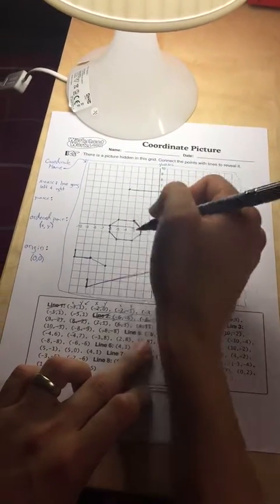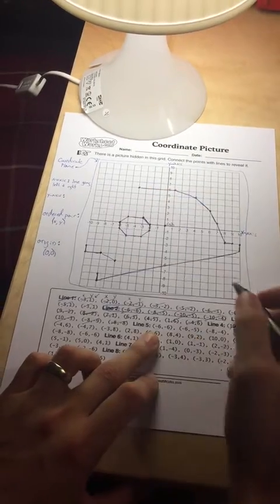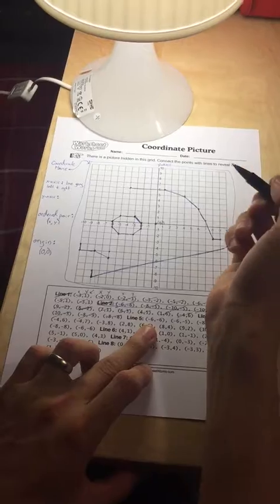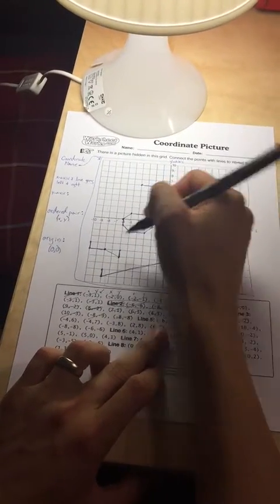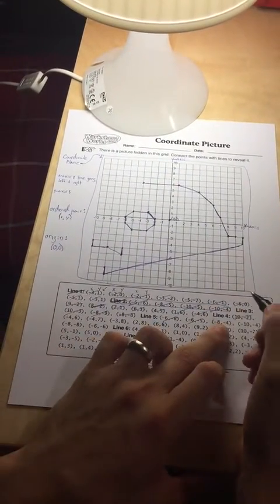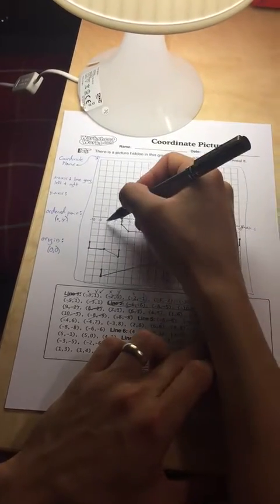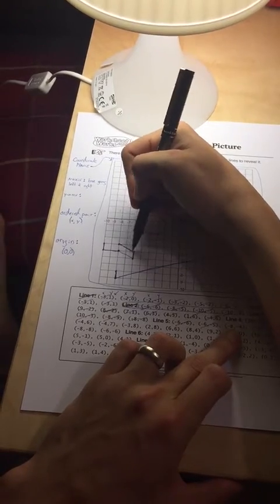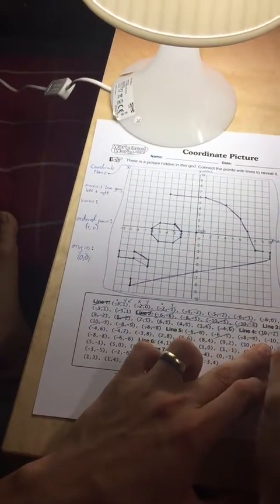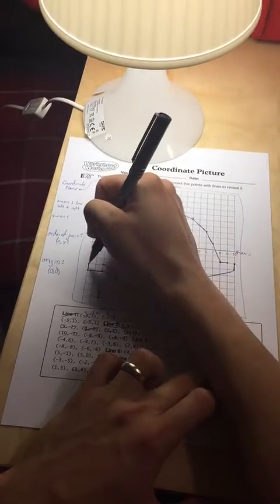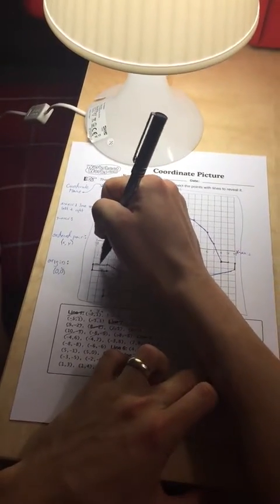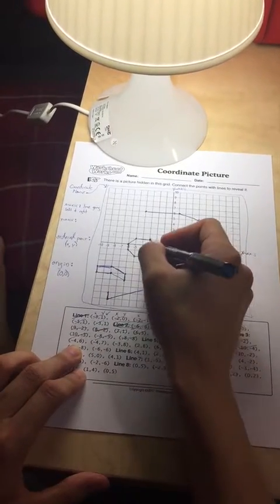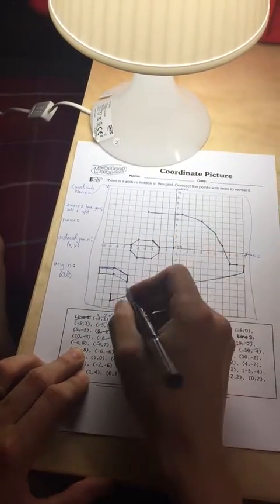-6, -6, right there, okay. -6, -5. -5, okay. -6, -5, -8, -4. -10, -4. -4, -6.